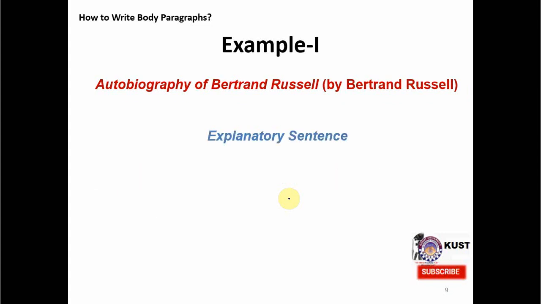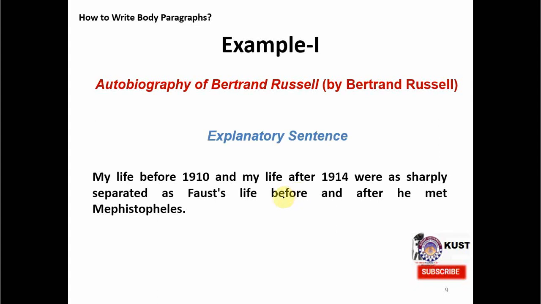The next sentence is actually an explanatory sentence where Bertrand Russell tells you that his life before 1910 and after 1914 were sharply separated because there was a transition. So he brings in an explanation of what he means by this transition.